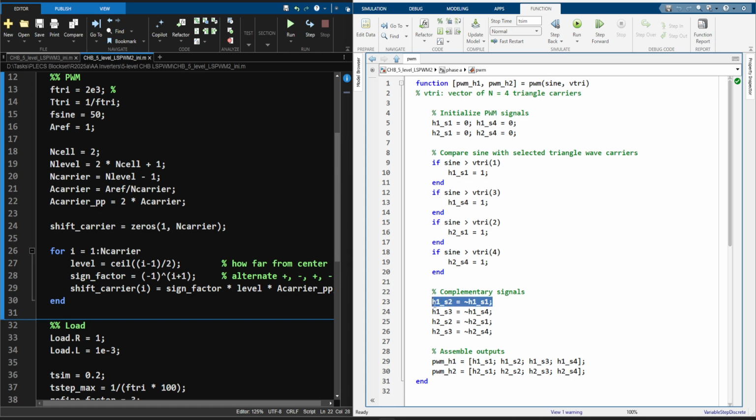For bridge 1, the switch S2 is the complemented one, since they are in the same leg. To prevent any shoot-through or short-circuiting of the DC link, we have to complement the signals. Since I'm still considering an ideal converter, I didn't consider any dead time yet. Maybe later, but let's continue with the ideal discussion.